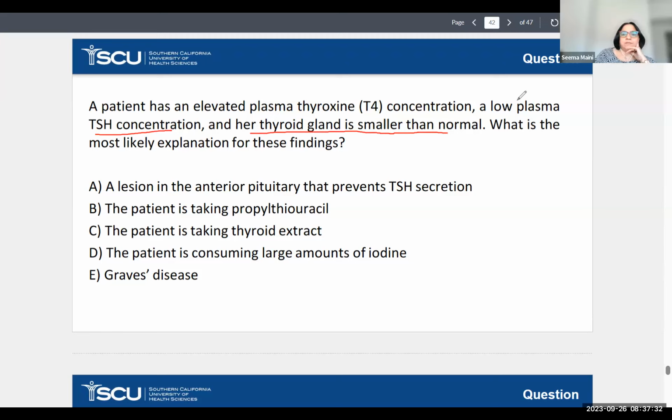What do you think is the cause? So we have increased T4, low TSH, small thyroid, smaller than normal. These are the findings we have, just 3 findings. What do you think?